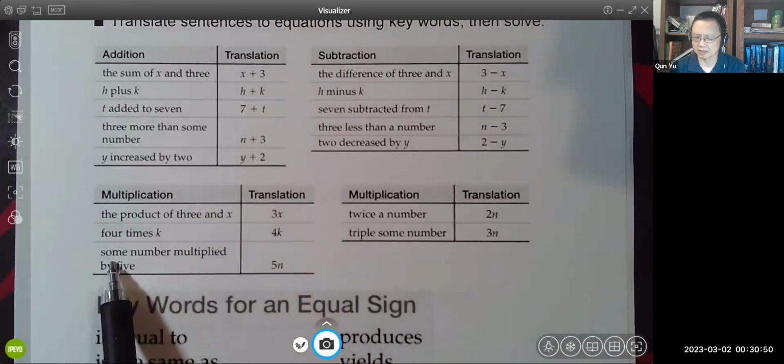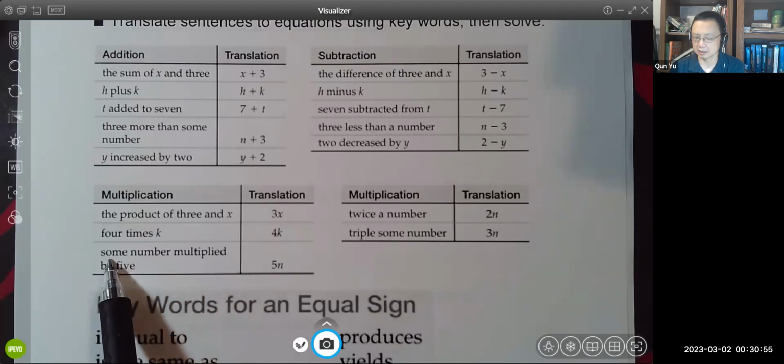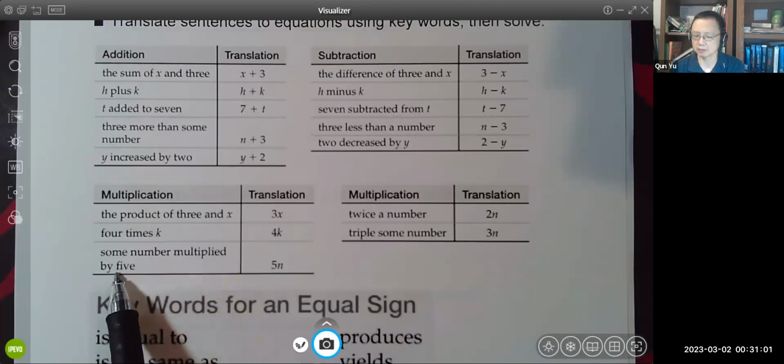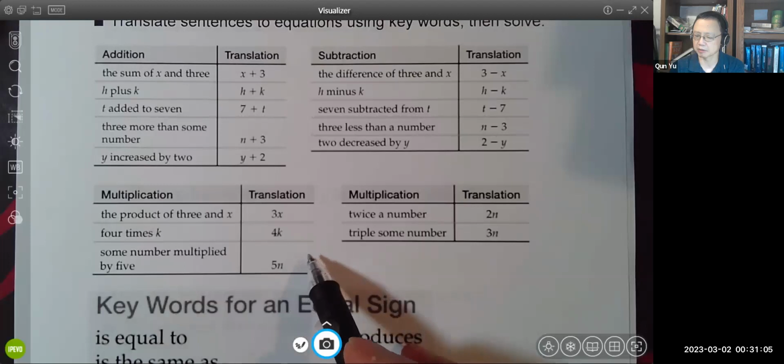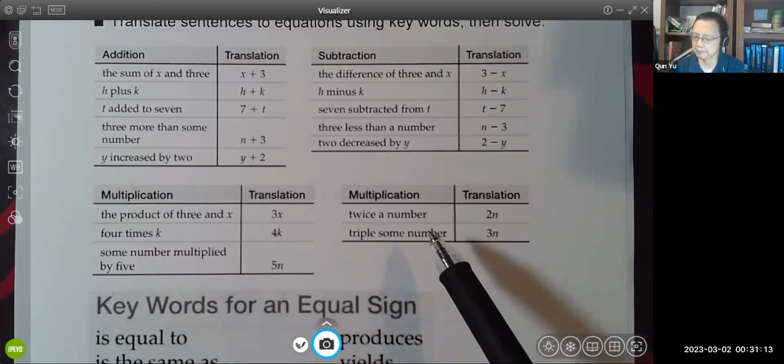And third one, some number multiplied by 5. So in terms of reading, this is some number, which is a variable, comes first, then that number is multiplied by 5. So we're supposed to write n first, then multiply by 5. But in mathematics, the convention is that we put the number in front of the variable in multiplication, okay?